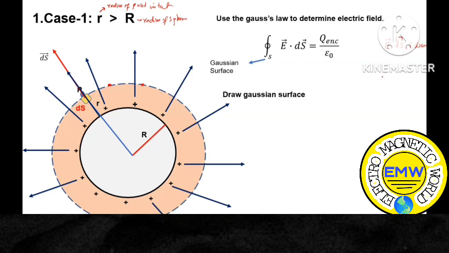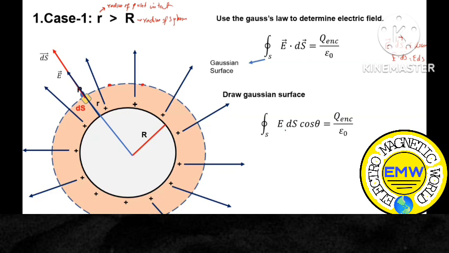First we put the angle as 0, so cos 0 is 1. The equation is the closed surface integral E dot ds equals Q divided by epsilon naught, where E is constant and comes before the integral sign: E times the integral of ds equals Q over epsilon naught.